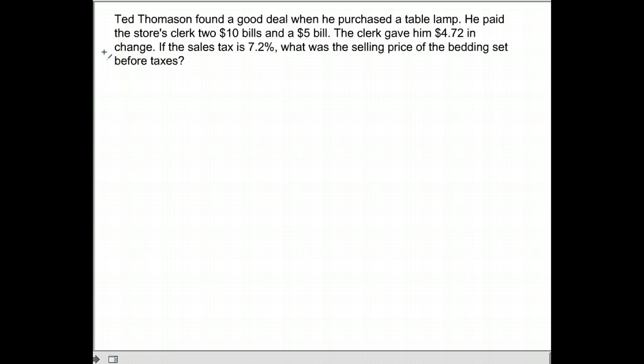Okay, so here's Ted Thomason. He found a good deal when he purchased a table lamp. He paid the store clerk two $10 bills and a $5 bill. The clerk gave him $4.72 in change. So first, let's find out how much he paid total. What was his total purchase price with tax?